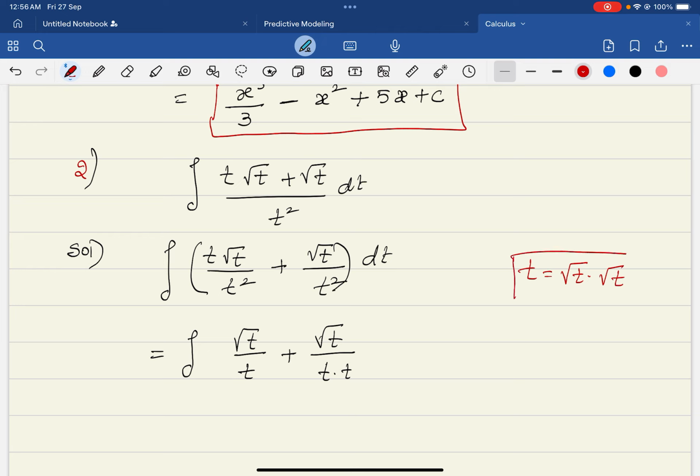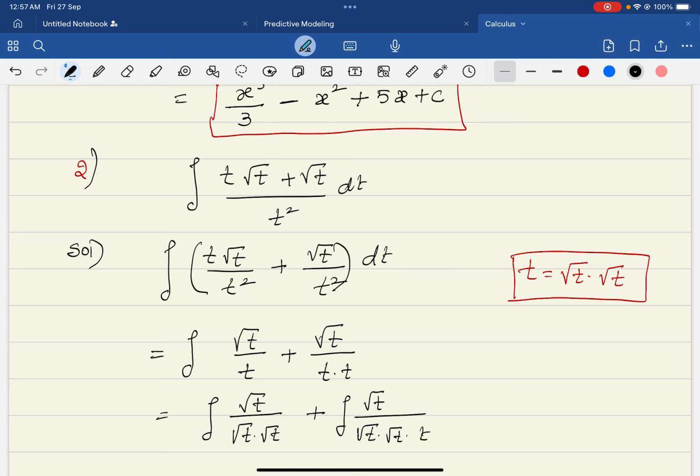So we can write this as integral of root t over root t times root t, plus integral of root t over root t into root t into t, because I am writing t as root t into root t. So one root t gets cancelled, and we remain with integral of 1 over root t, of course everything with the dt.